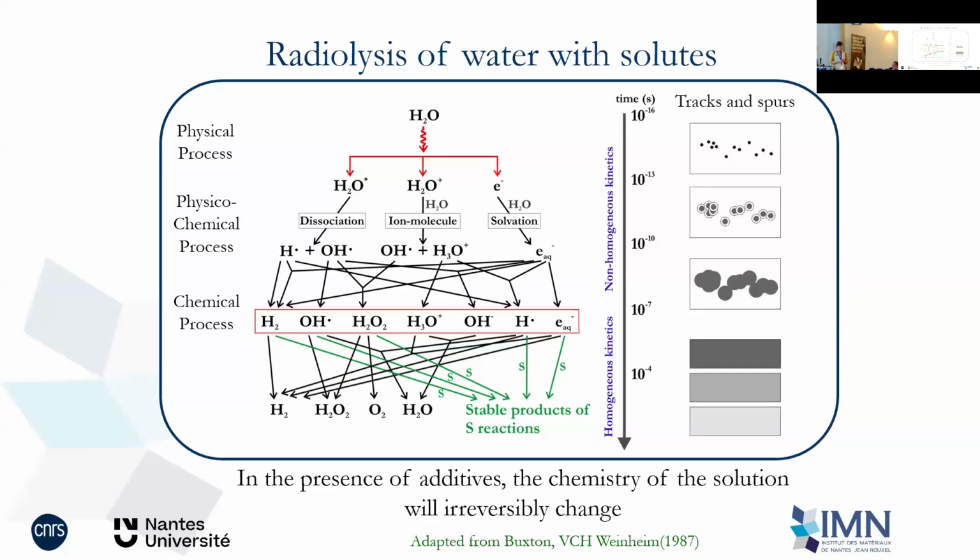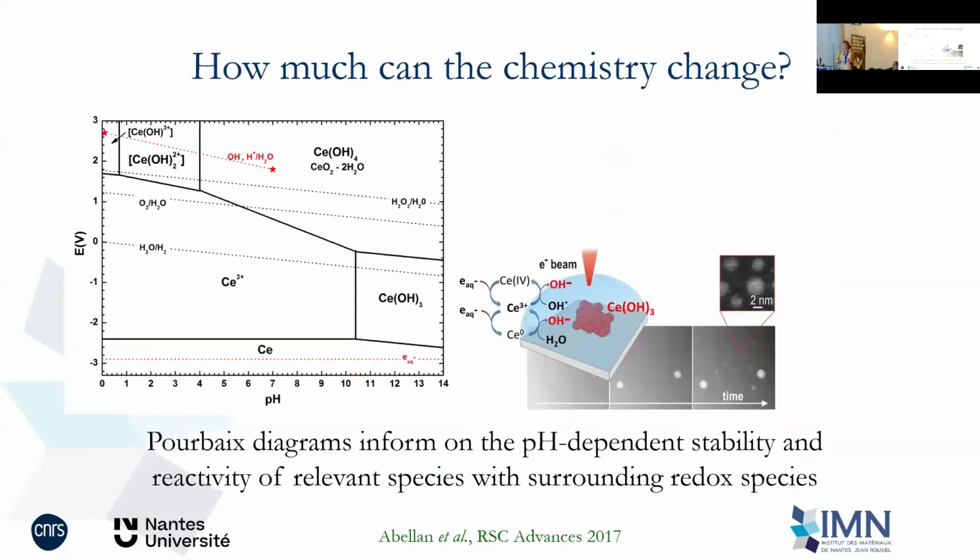So how much can you change your chemistry using electrons? Well, this was a paper where we demonstrated for the first time that you could increase the pH. Usually, until then, if you just have water and you irradiate and do modeling, what it tells you is that you are always going to decrease your pH. This is what you do.